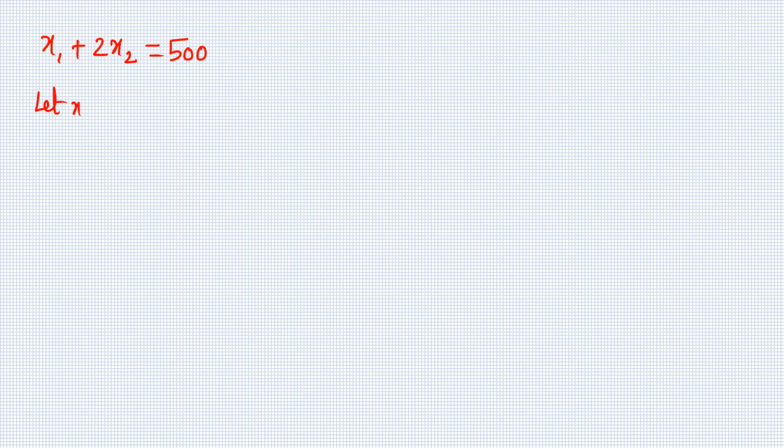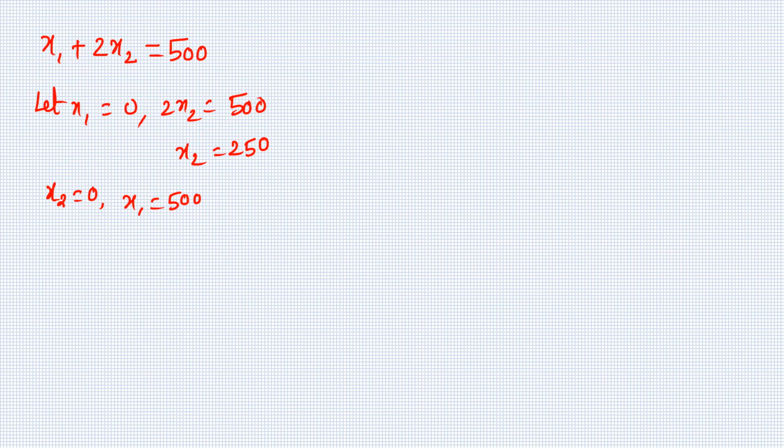First we consider x1 equal to 0, so we got x2 value as 250, and when x2 is 0, x1 is 500. So using all these points, we will draw a graph.